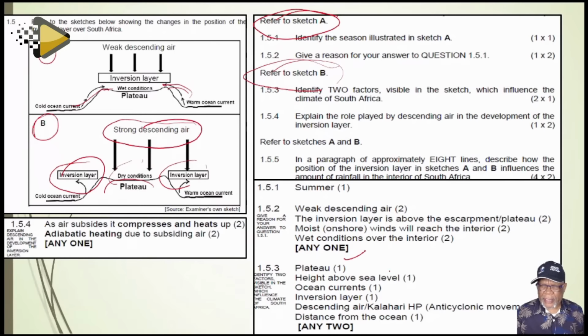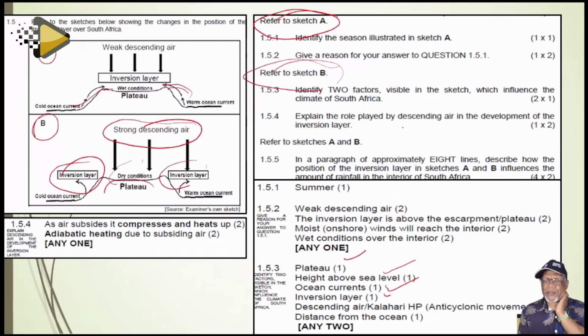You can see height above sea level, ocean currents. You can see everything here. So the examiner wanted to give you free marks. But you'll find that some people are not getting it right, because some people will not read. This is just free 2 marks.